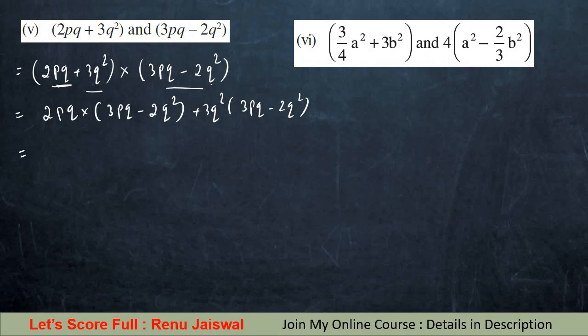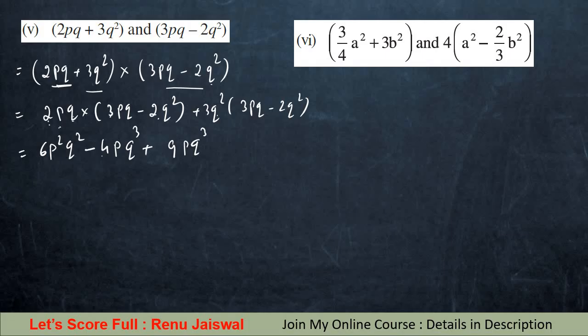Multiply this, let's do it directly so that you can understand the concept. 2 3s are 6, p square, q square. 2 2s are 4, plus minus minus obviously, p as it is, q and q, it's q times q. Here 3 3s are 9, then pq raised to this.